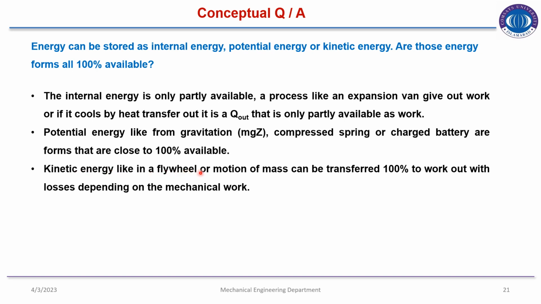Kinetic energy is usually available in the form of motion, as different components are moving, so it is also 100% available, but a certain amount is reduced due to frictional effects or losses that depend upon the mechanical components used in the system. So kinetic and potential energies are approximately 100% available, and internal energy is partly available.